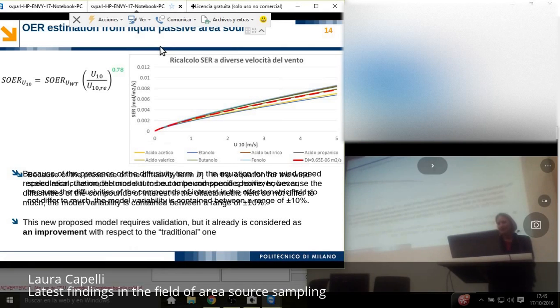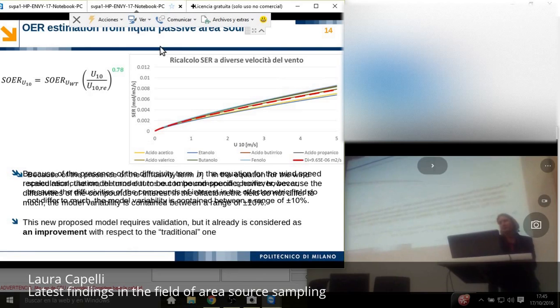Anyway, this is the new model, and these are the results that we extrapolated for other different compounds. Since there is the diffusivity term inside the equation that we saw before, of course this model is compound specific. So for compounds having different diffusivity, you will have slightly different results.